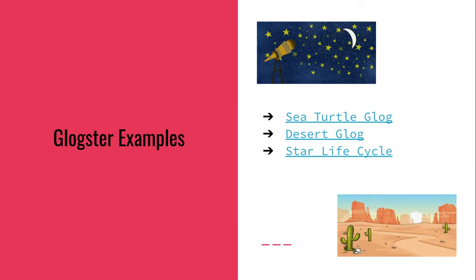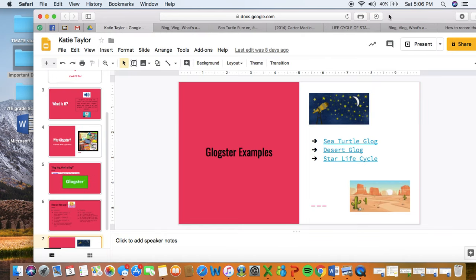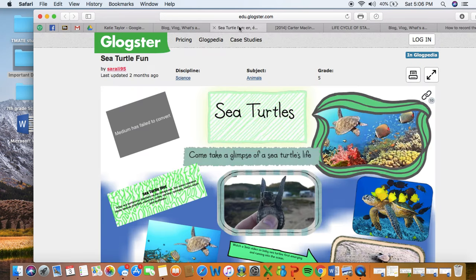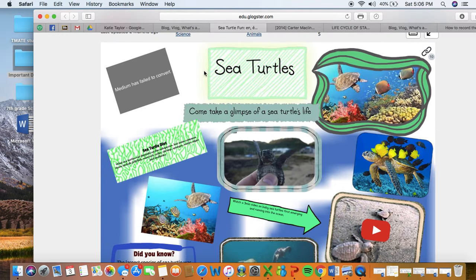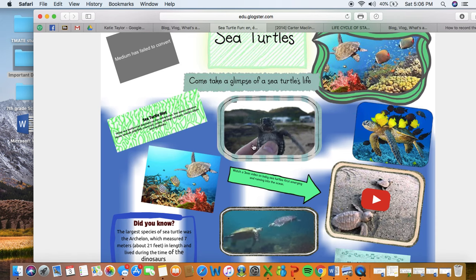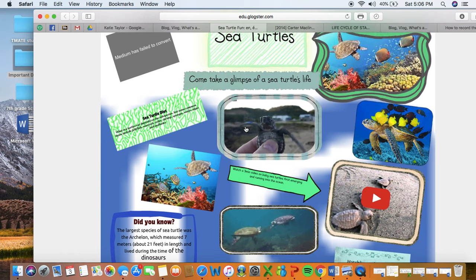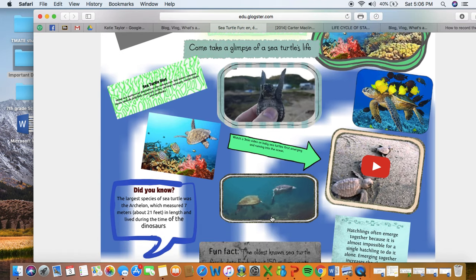So here are a few examples I've found of glogs. The first one is a sea turtle. So here you can see that they have created a glog about sea turtles. They've included some images, they've even included a GIF, which is basically just a picture that moves. Here's another example of a GIF.